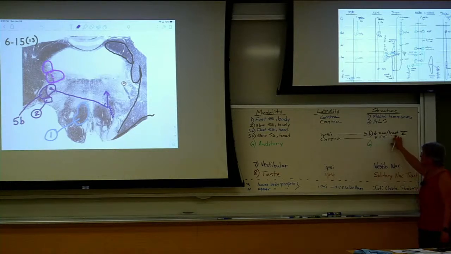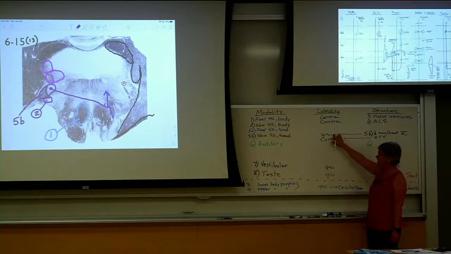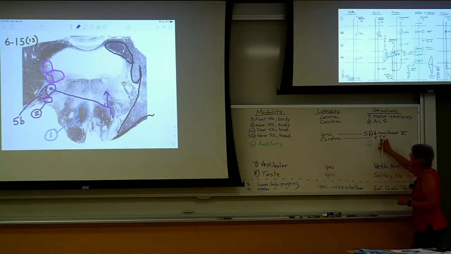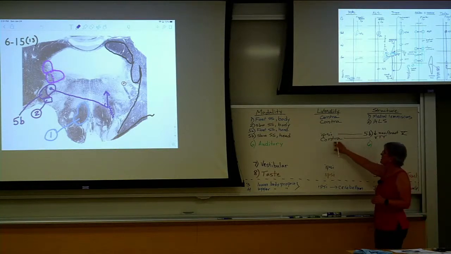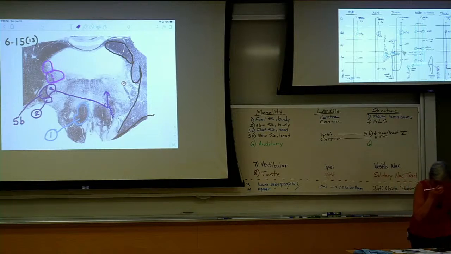So the nucleus and the tract is slow somatosensory coming from the ipsilateral head, because that's the place where those primary sensory afferents are making their first synapse. Then they cross the midline and run in VTT. So at that point, the information is coming from the contralateral side of the head. So that's all review.